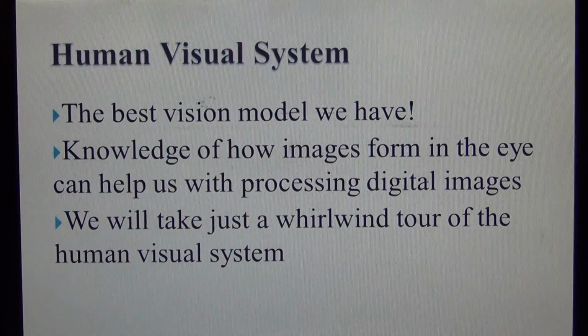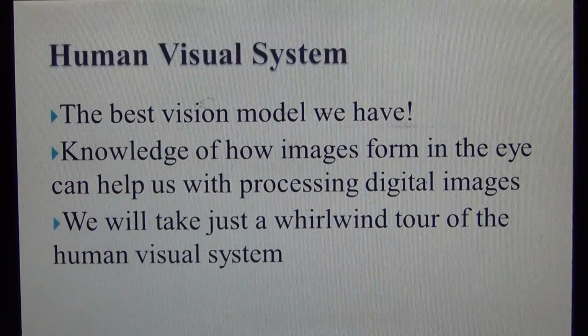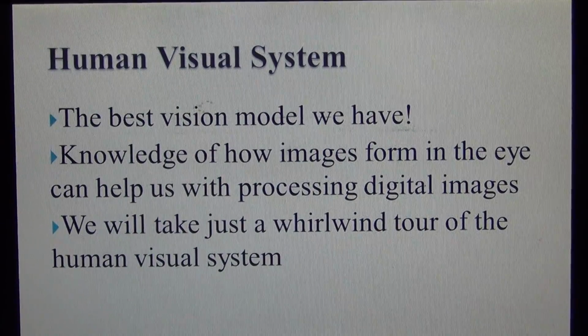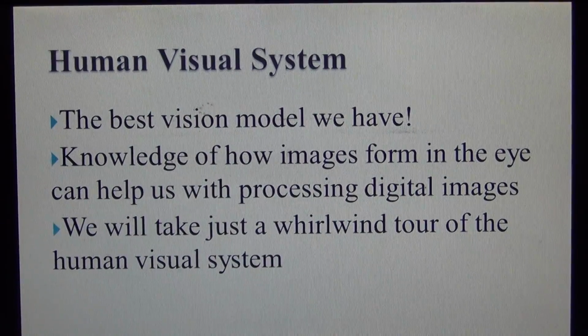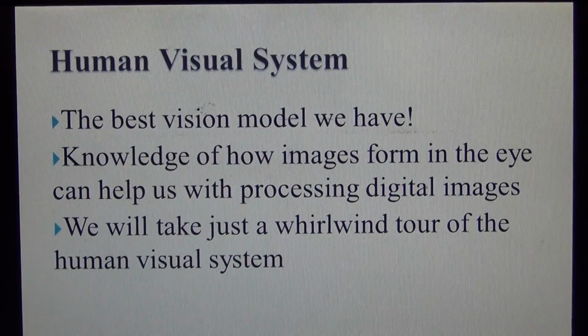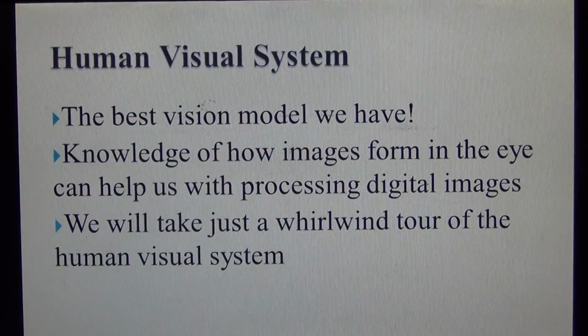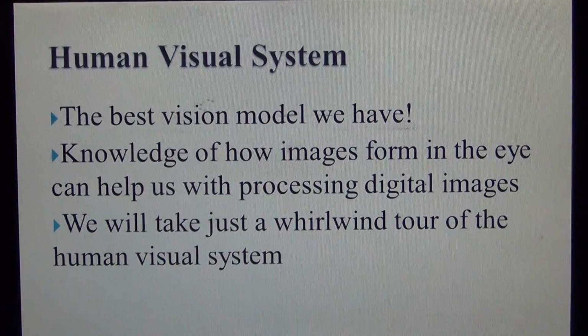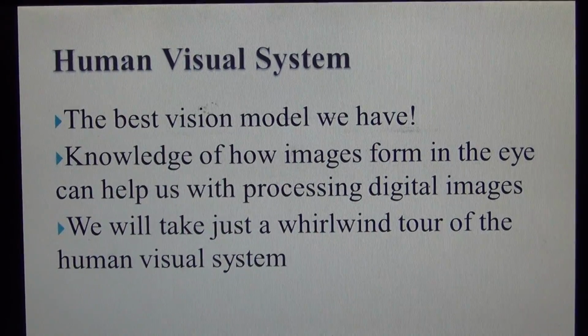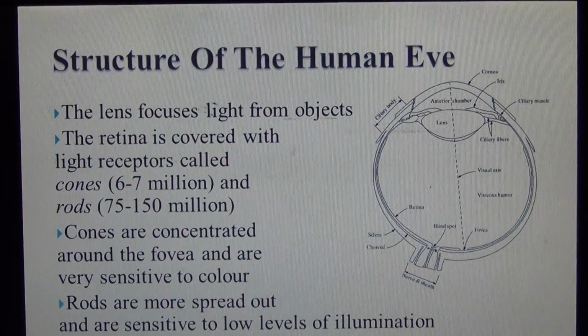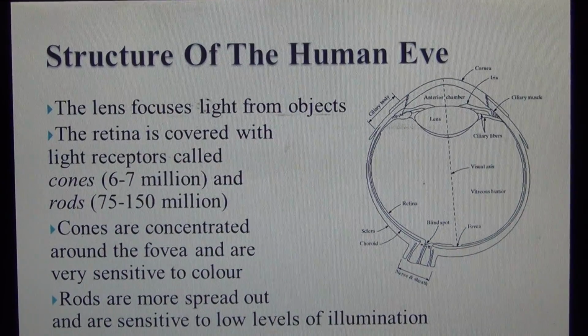So what is a human visual system? It is the best vision model in today's world we have. The knowledge of how images form in our eye can help us with the processing of digital images. How the image is formed in our eye is known as the human visual system. Firstly we'll discuss the structure of the human eye.